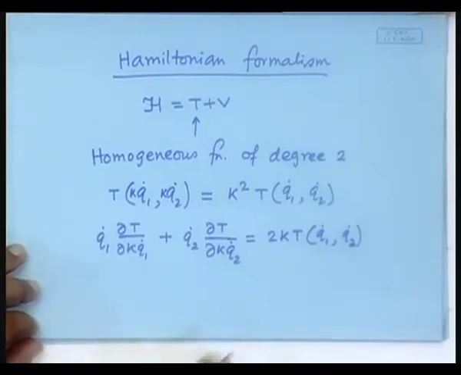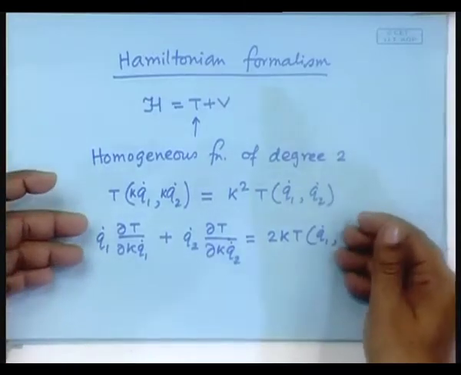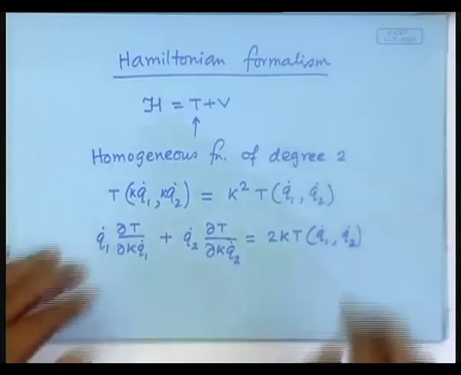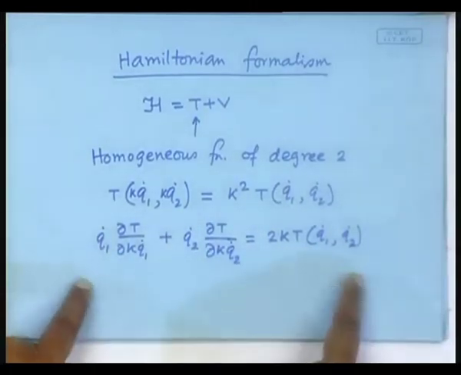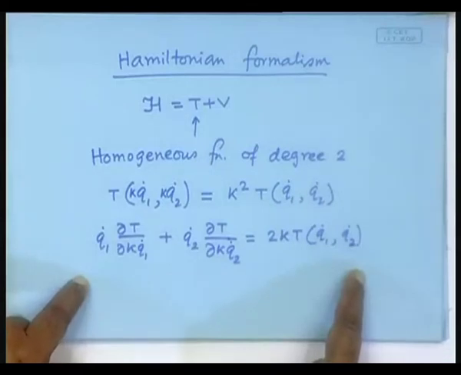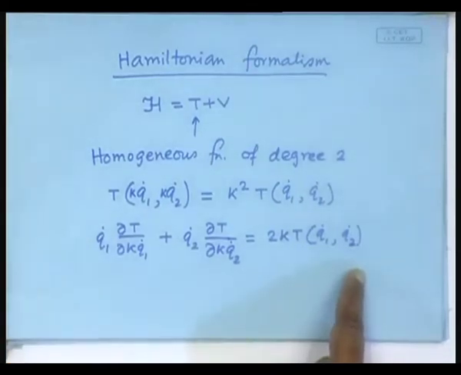Fine. Now, this is again a property of the homogeneous function of degree 2, this equation, and k being arbitrary, we could choose any k, still this equation will be valid. If we choose k equal to 1, then also this equation will be valid. Okay, choose k equal to 1.